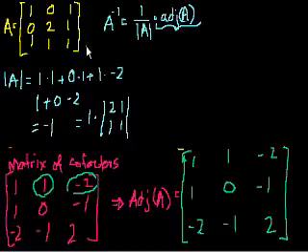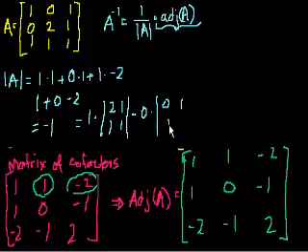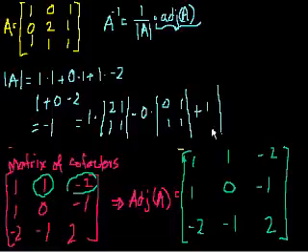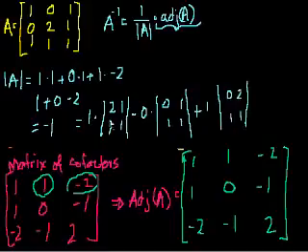You have plus, and then you go minus. So minus 0 times the determinant of its minor. So you cross out that row, that column: 0, 1, 1, 1. And then we switch again. We go back to plus. Plus 1 times the determinant of its minor. So you cross out that row, that column: 0, 2, 1, 1. And you could compute this out.